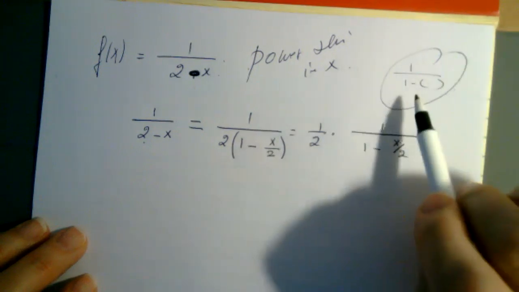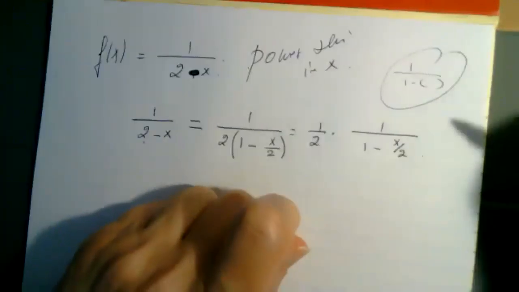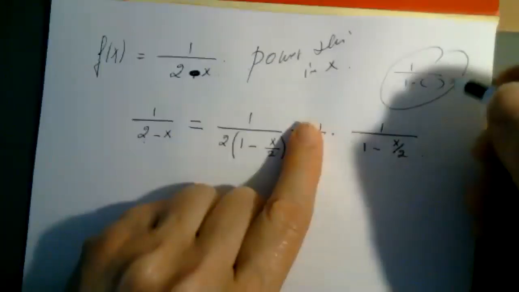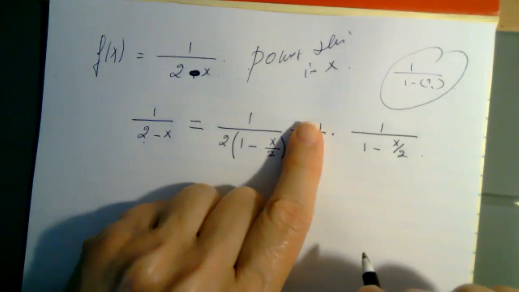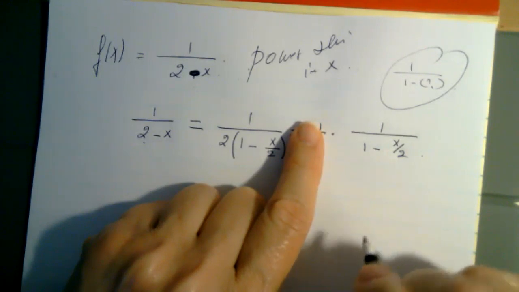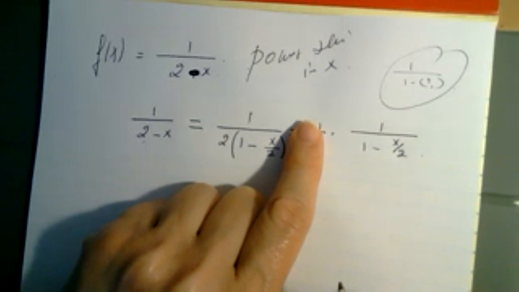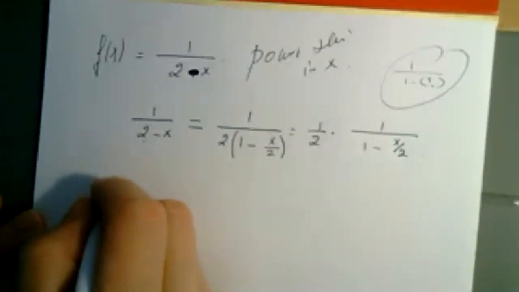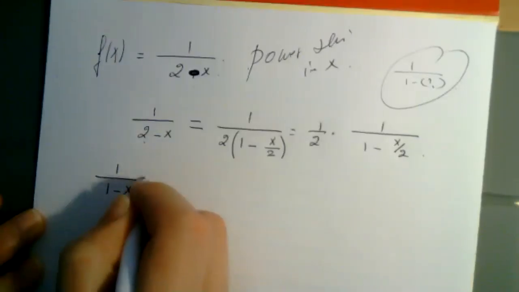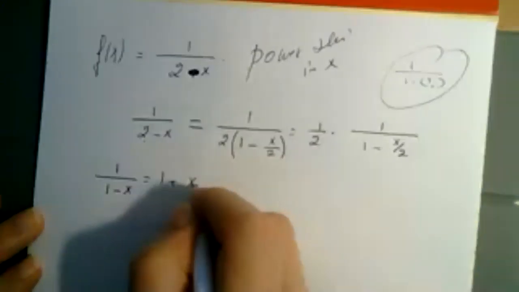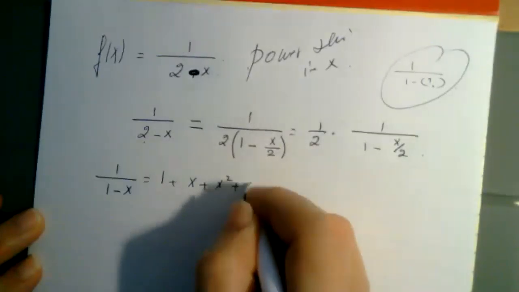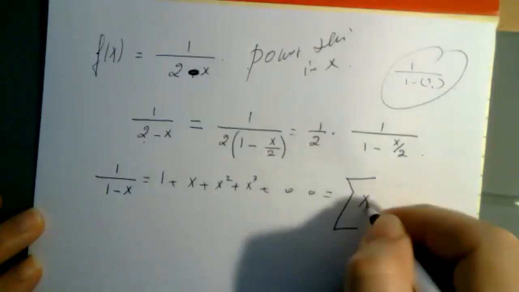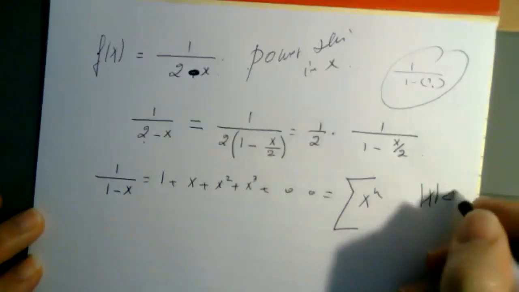So don't worry about the half, I will tell you what to do with it. Now I almost rewrote it as 1 over 1 minus something. Now I can actually start using the 1 over 1 minus x. At this stage, I'll go through all the details. So now I keep 1 over 1 minus x always in front of me: the sum for n equals 0 to infinity of x to the n, for x less than 1.